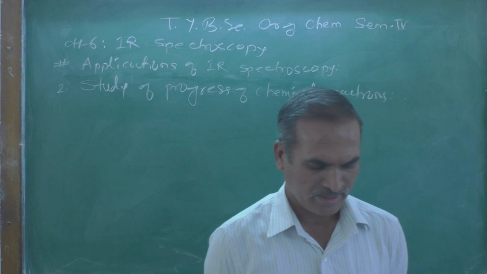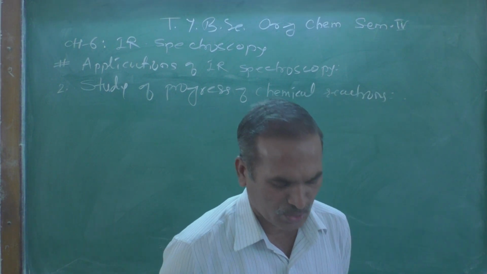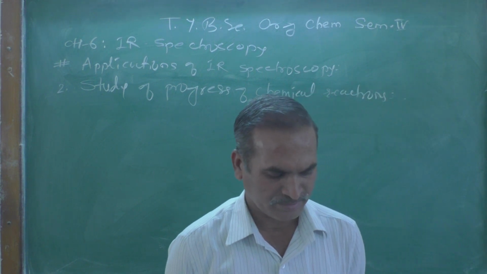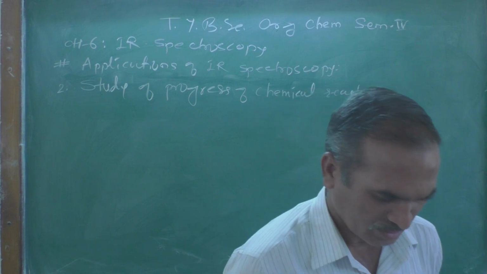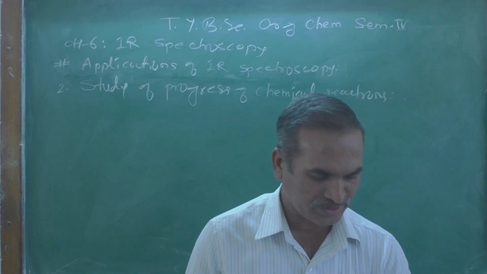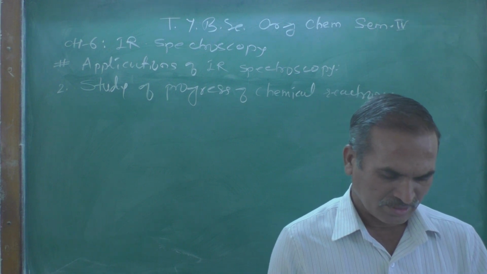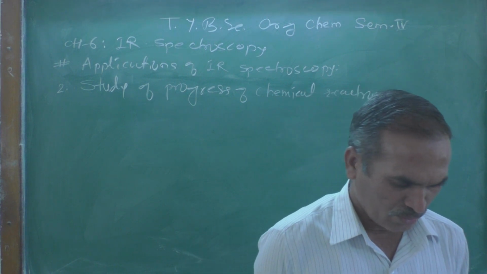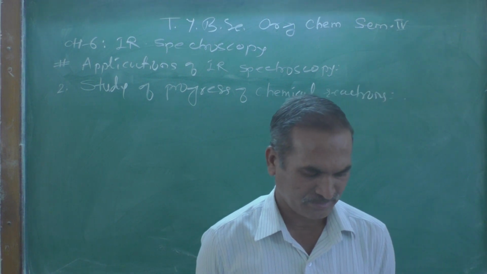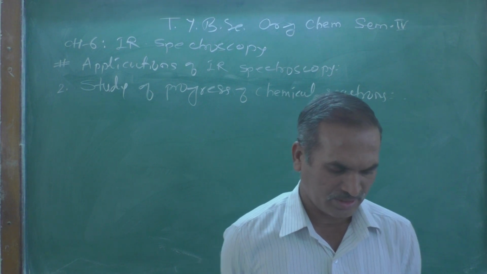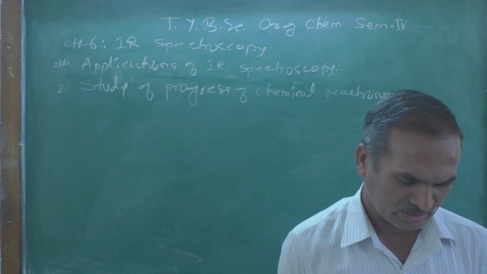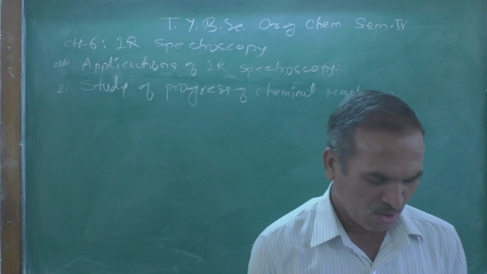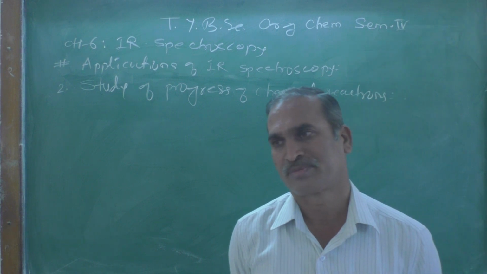IR spectroscopy is often used to follow the progress of a chemical reaction, to control the chemical reaction, and to study the kinetics of various chemical reactions. These applications are based on the fact that most chemical reactions involve changes in the functional group.